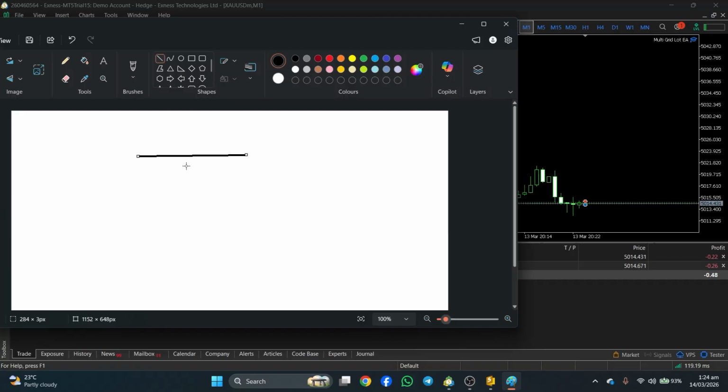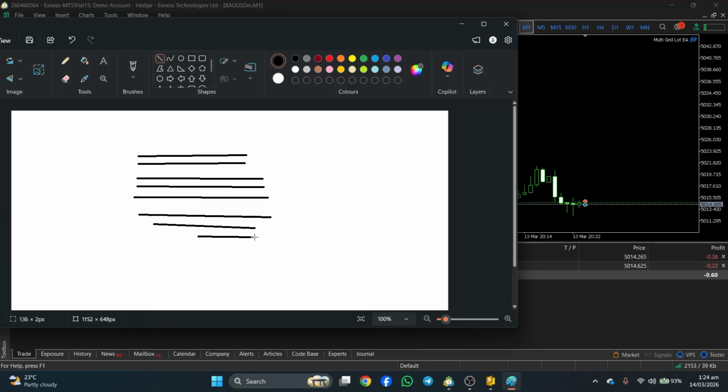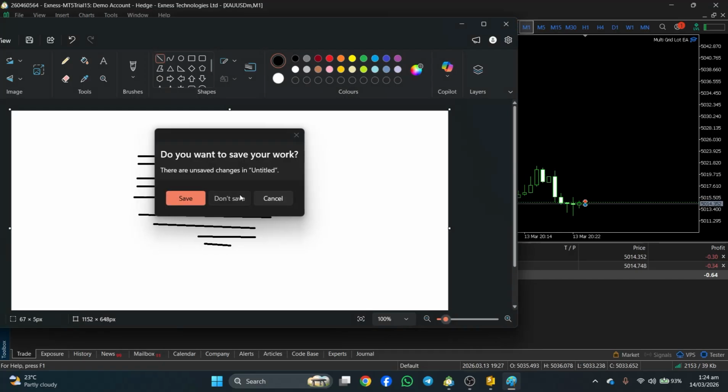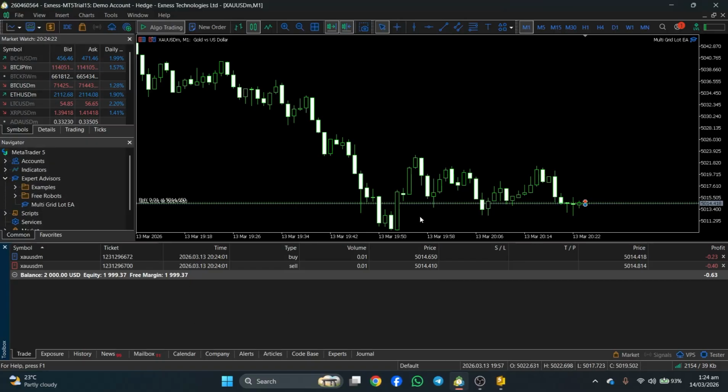With this setting, the first setting is here, the second setting for this is here, the fourth setting. So every level and every trade is different from each other. I hope you understand. So here you can see we have placed one buy and one sell trade with 0.01 lot as we set here.